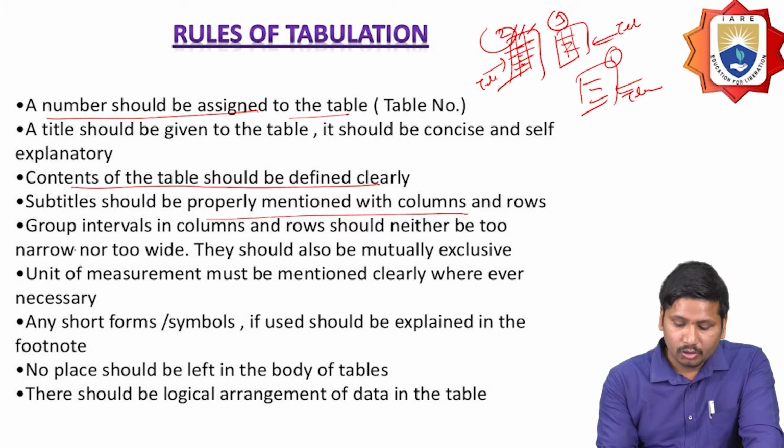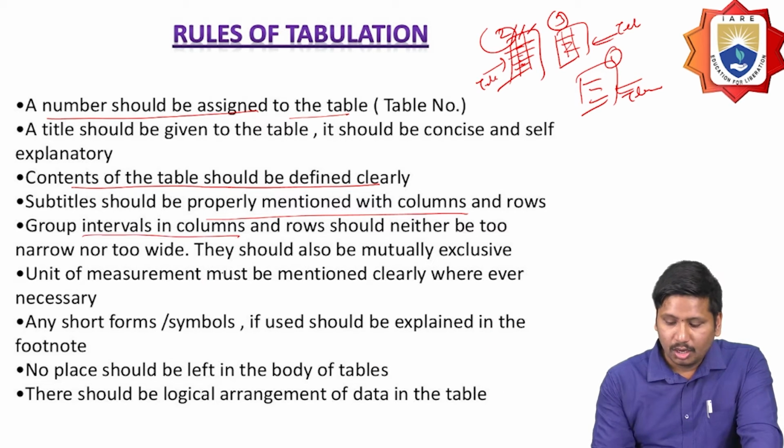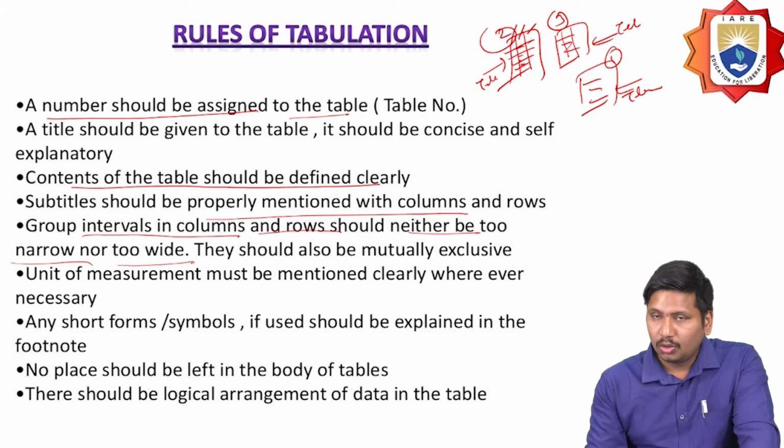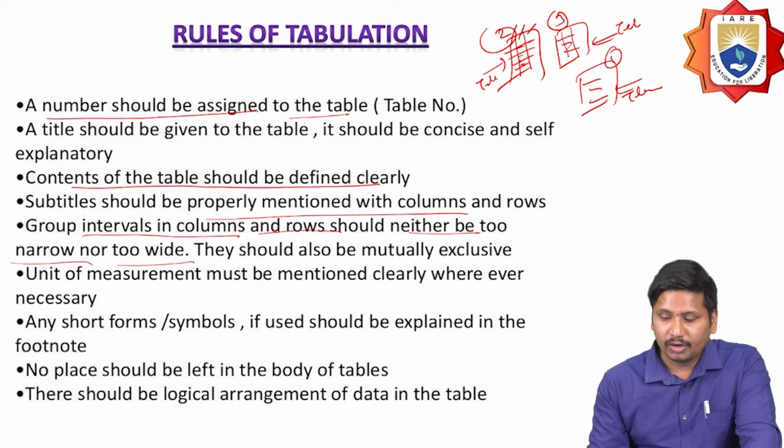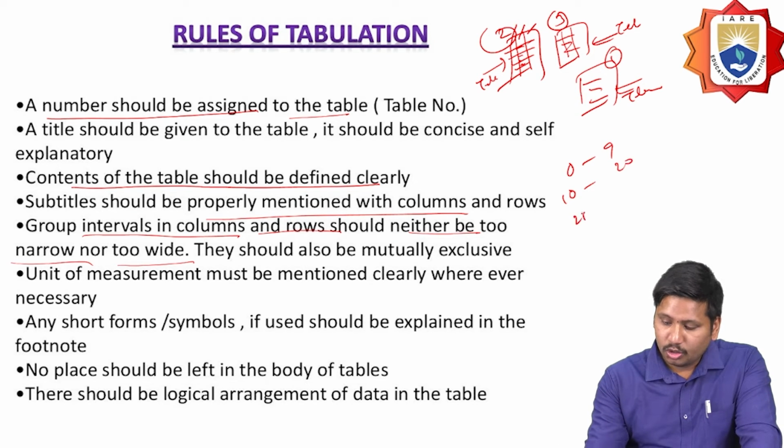The intervals grouped into rows and columns should be neither too narrow nor too wide. So what is the grouping of intervals? Suppose I maintain intervals like 0 to 9, then 10 to 20, and 25 to 32, and then 33 to 49.